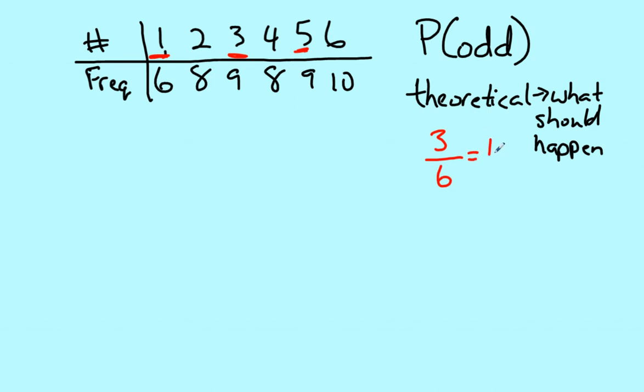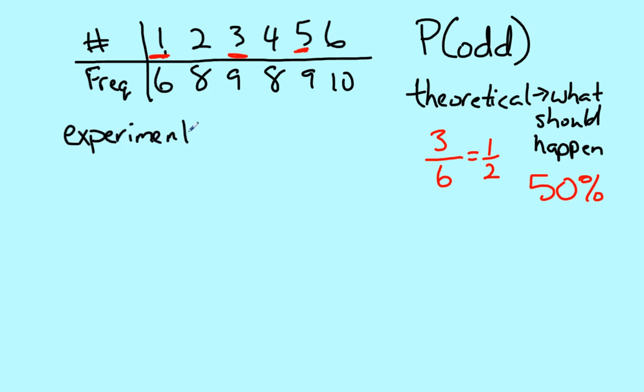And 3/6 is 1/2. And then this one, it specifies percentage difference, so we need to know what the percent is here. So 1/2 just happens to be 50%. So theoretically speaking, the probability of getting an odd number is 50%. Okay, that's cool. Then it wants to know the difference between that and the experimental.